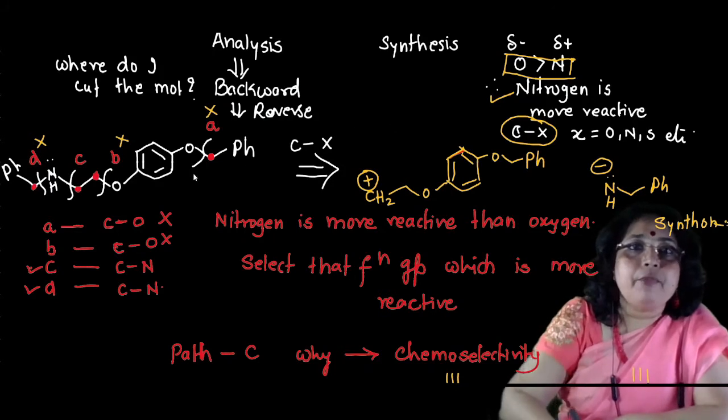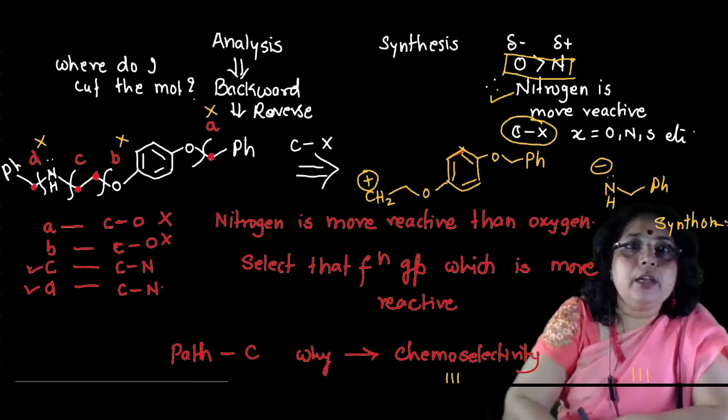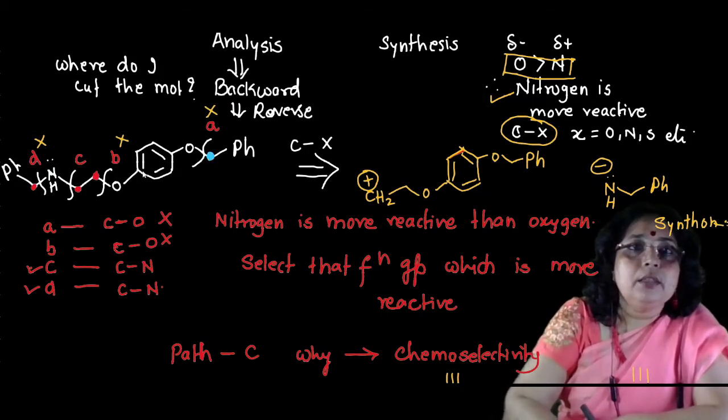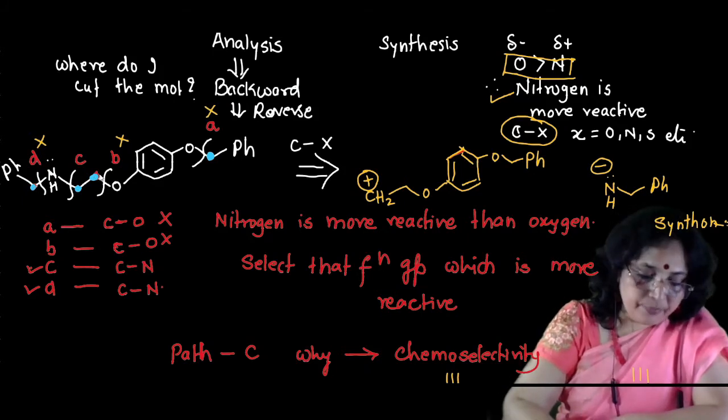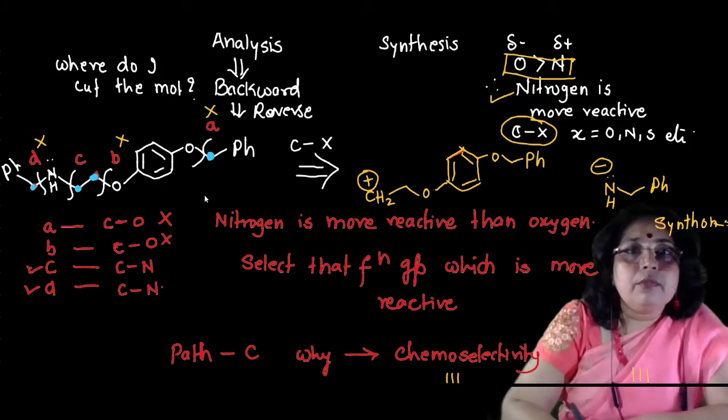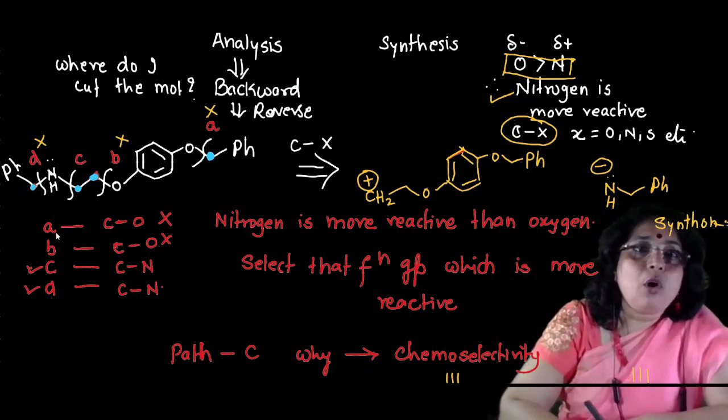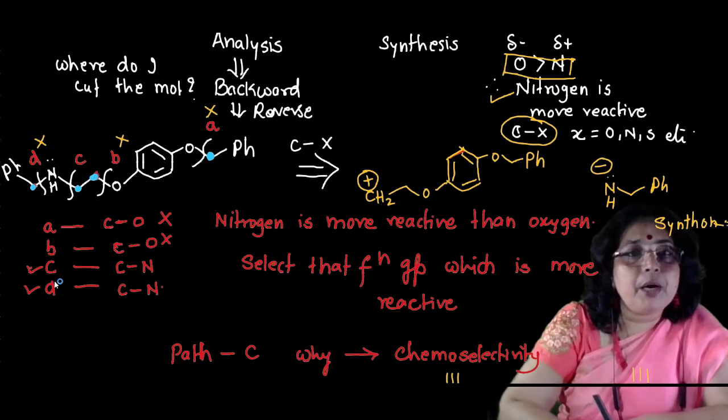Let us see one by one again. So here this is first disconnection, that is A path. Then this is a second disconnection, this is a third disconnection, and this is a fourth disconnection you can see over here. Now I have drawn four different pathways, that is A pathway, B pathway, C pathway and the D pathway.